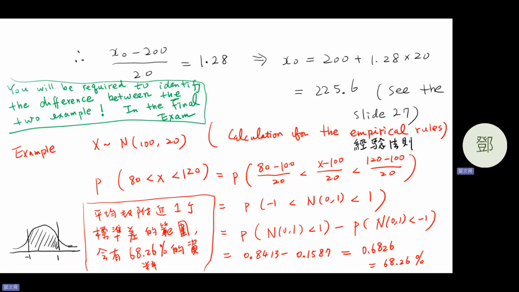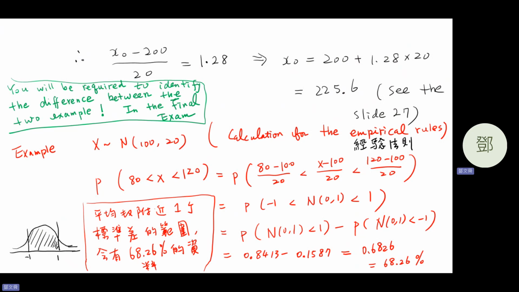Standardizing is done by subtracting mu, which is 100 here, and dividing by sigma, which is 20 here. Understand? There are three things to standardize: the left one, the middle one, and the right one. All of them standardized.